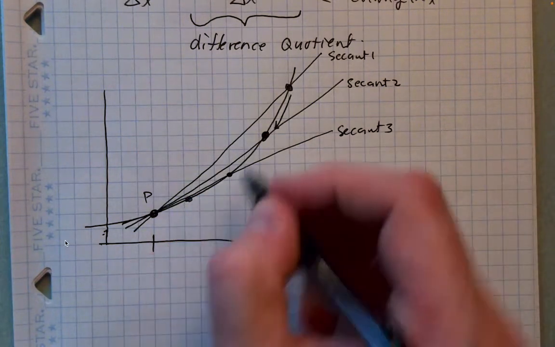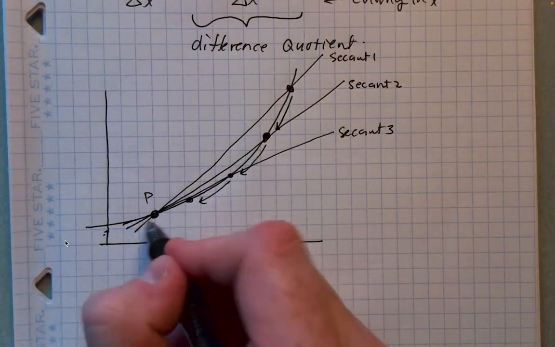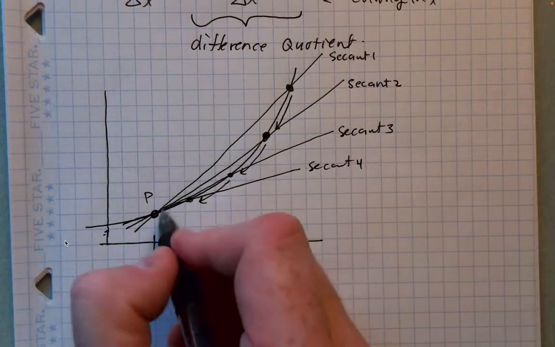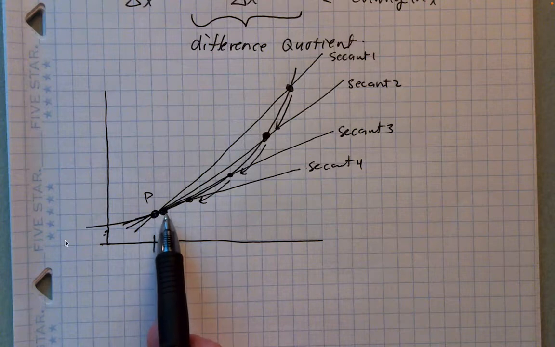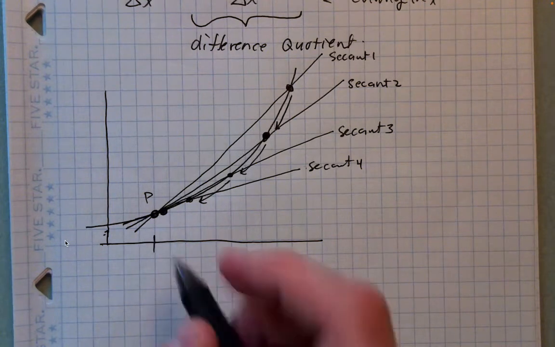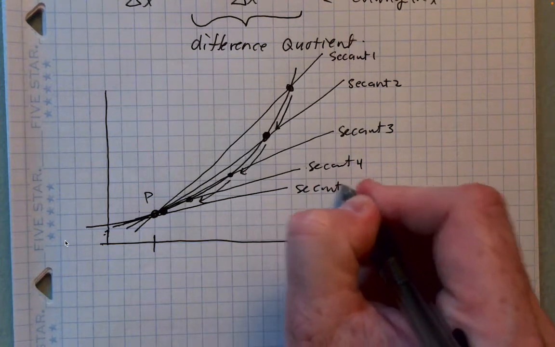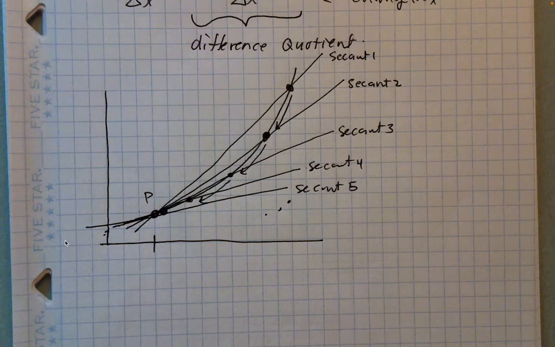The idea here is that these points are getting closer and closer, till eventually I could define a second point, or a secant line, that's very, very close to P.